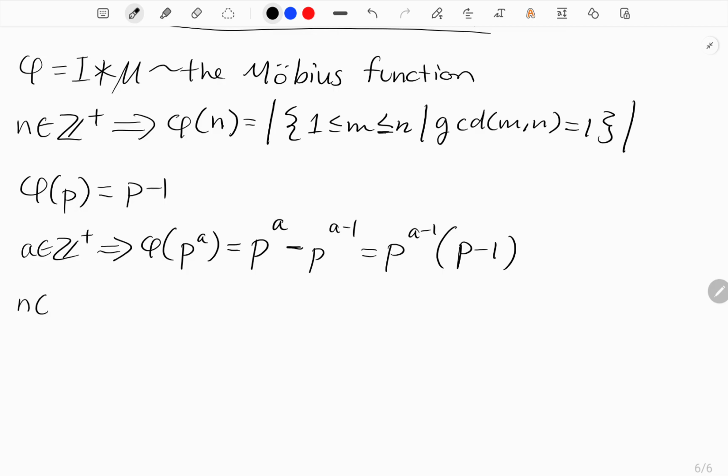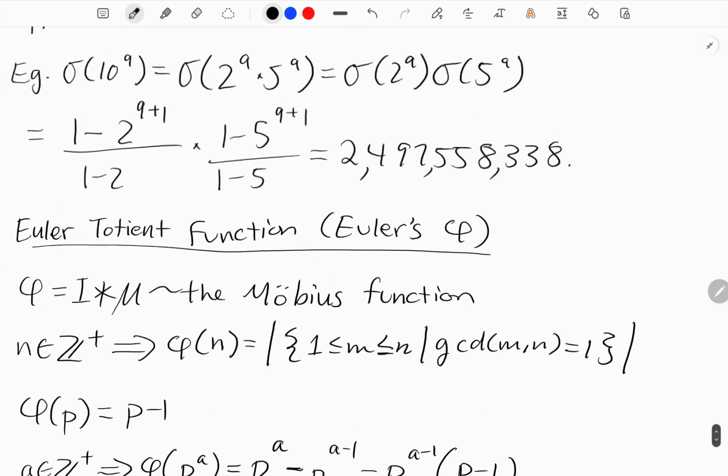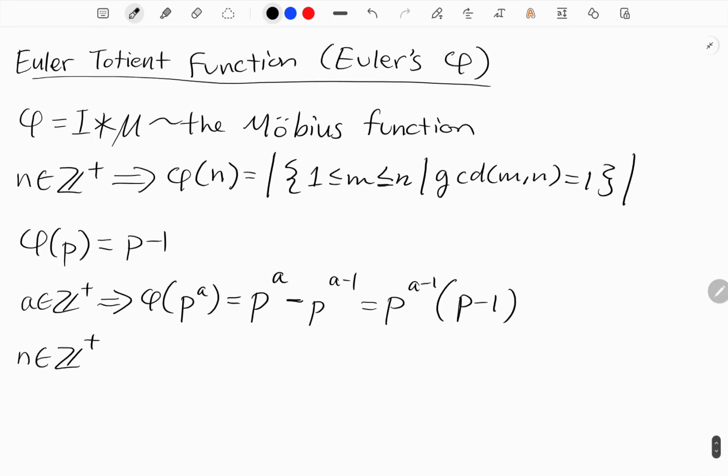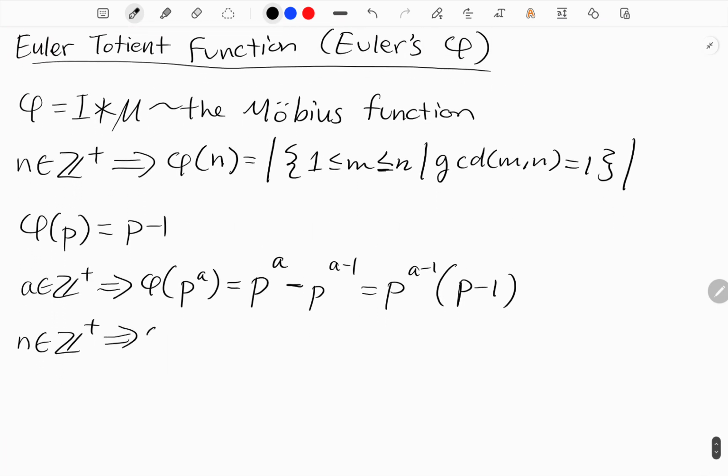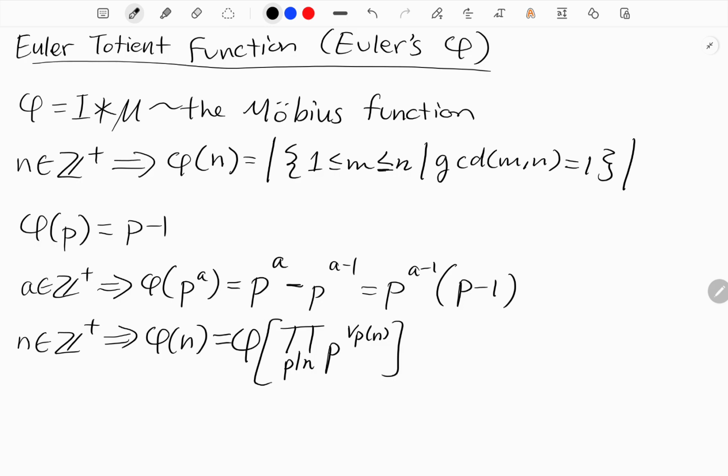All right, so therefore, I'm just going to get rid of this. If you have n that is a positive integer, this implies that phi of n is equal to phi of the product running over all primes dividing n of p to the power of v sub p of n. And phi is multiplicative, so we get that this is equal to the product running over all the primes that divide n of phi of p to the v sub p of n.